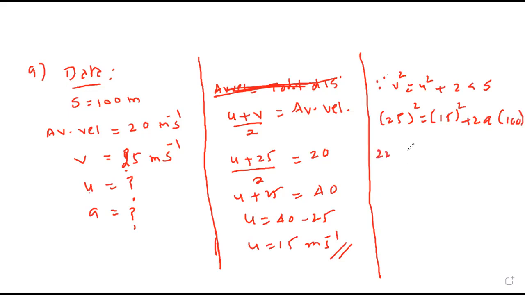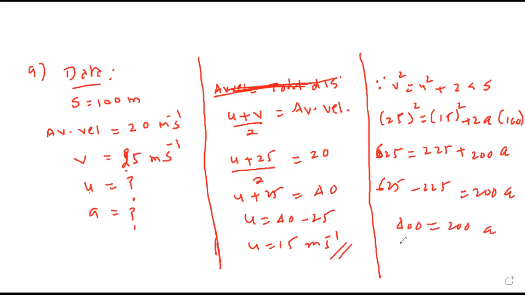So 625 is 25 square, 15 square is 225, plus 100 into 2 is 200 into A. 625 minus 225 is 200A. So 400 equals to 200A. 400 upon 200 equals to A. A equals to 2 meter per second square.